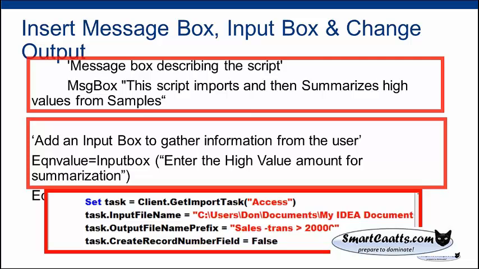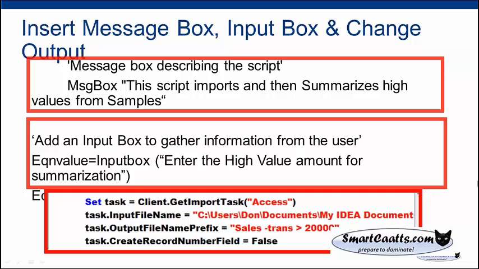Also, a good thing to do, regardless of how you created the script, is to put messages in the script so people can see what it is that it's supposed to be doing. So there's how you do a message box. You just type MsgBox, and then in quotes, put whatever you want.